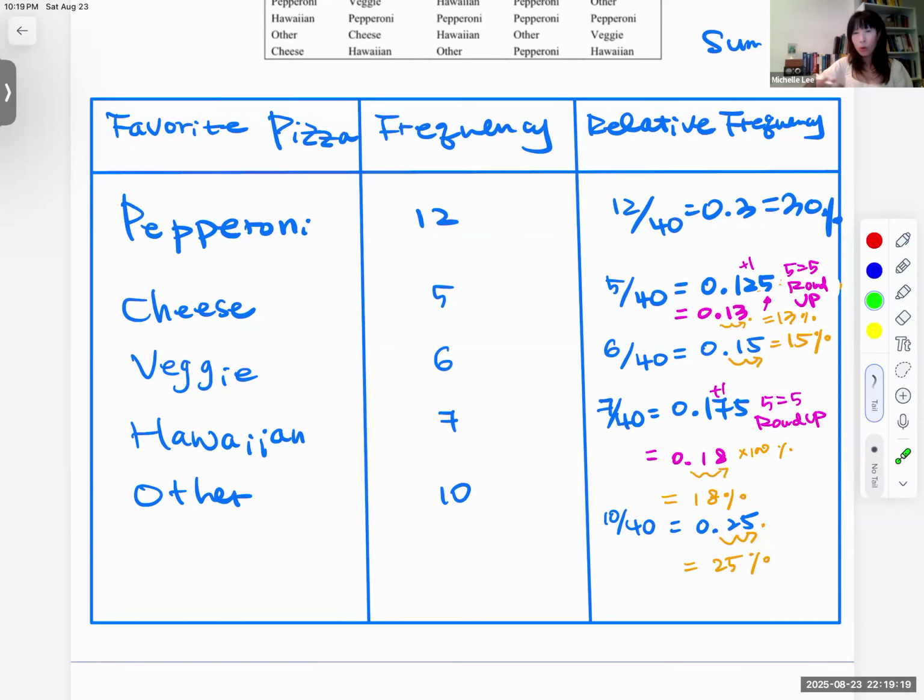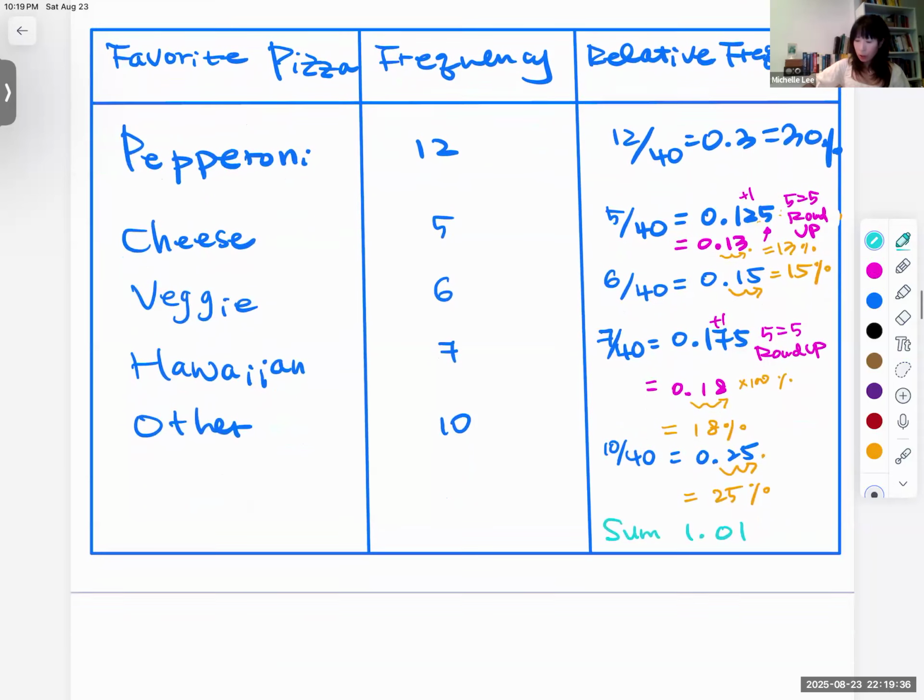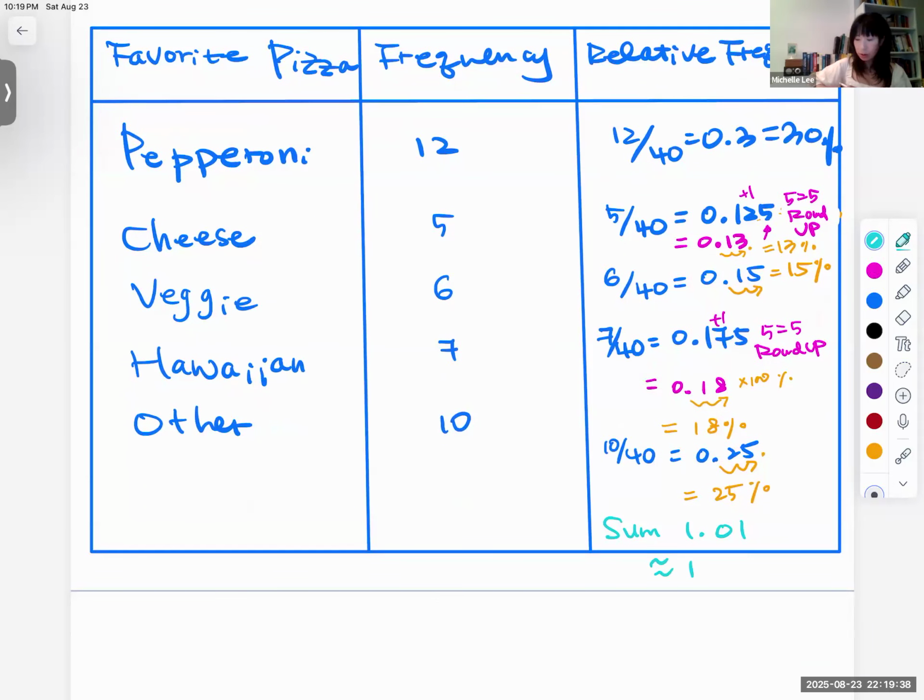Okay, so we get 1.01. So 1.01, we can say the same as 1, right? And if we express as a percentage, then times 100%.